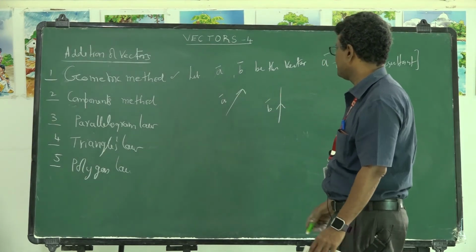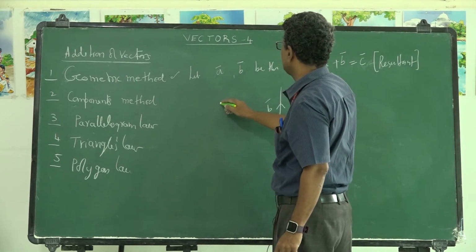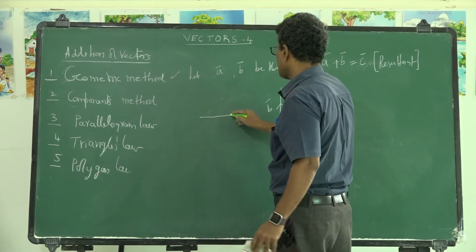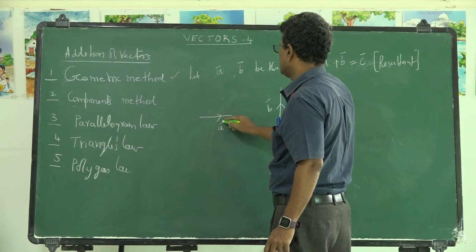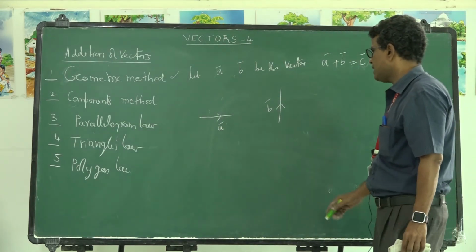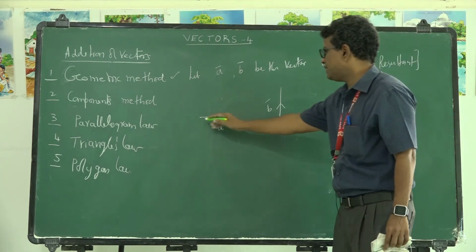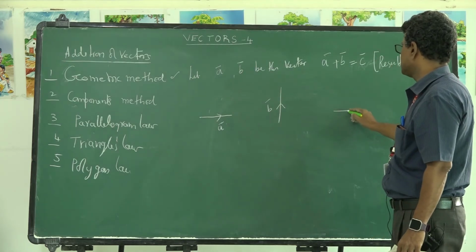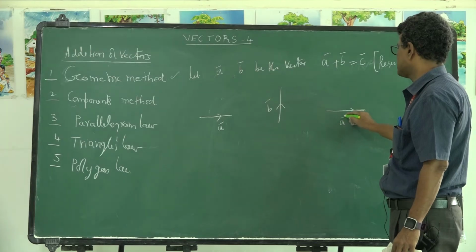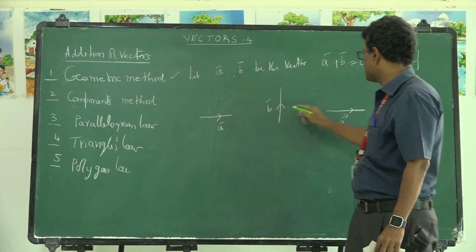You can take them in any direction; a vector inherently may possess any direction. Now draw the first vector as it is.